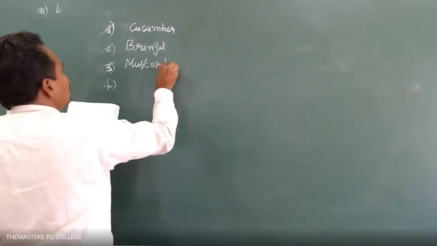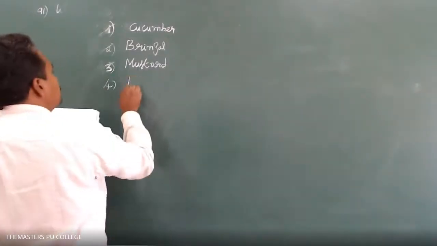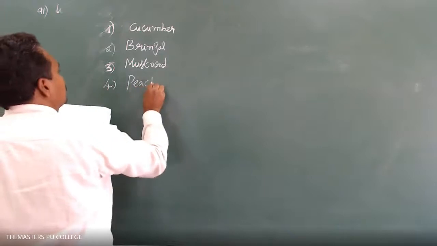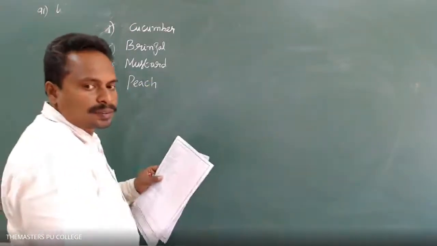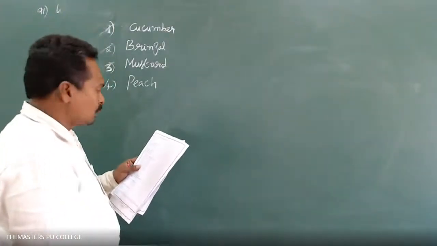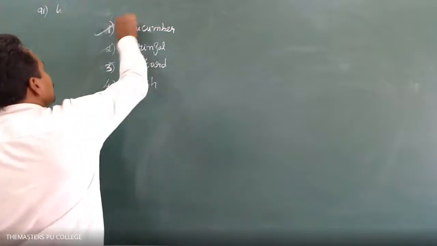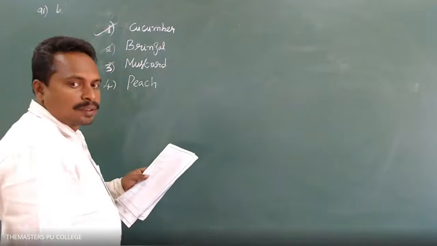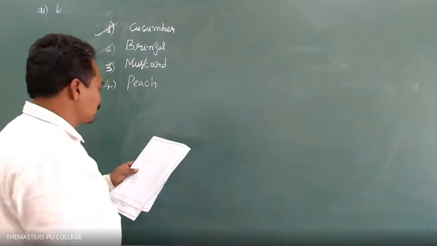Option 3 is mustard. Option 4 is peach. What is the answer? Very good. Cucumber, first option. Yes, the first option is the correct answer. Cucumber.